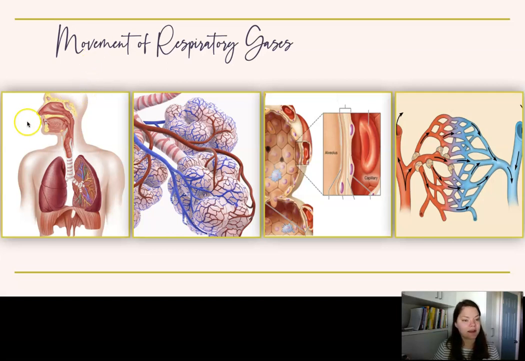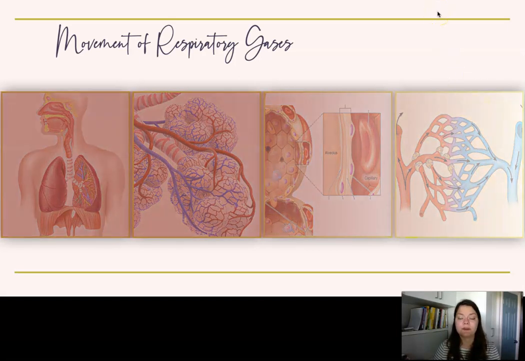So we can start right here with the movement of oxygen that's going to enter the nasal cavity, move on down into the lung, down the bronchiole, and at the alveolus, it's going to move via simple diffusion across the membranes and then into the red blood cells, where it's going to be transported out to the body tissues, where it's then going to be able to be used.